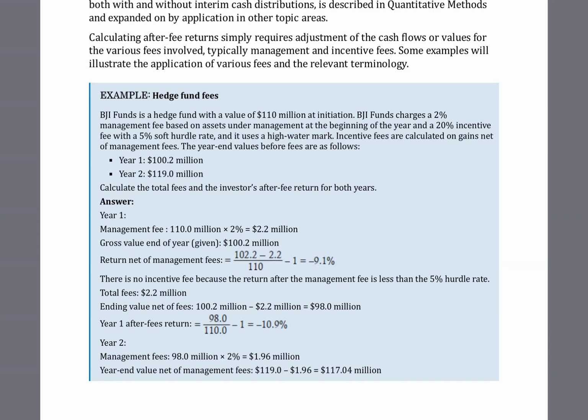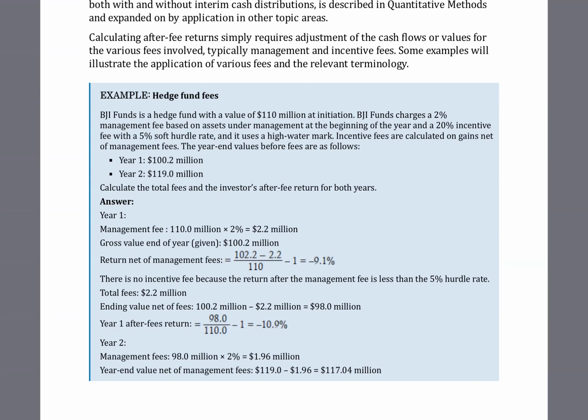You get nothing. Then the second one is saying that if the closing value of your investment was 100.2 and I'm paying 2.2, then the beginning of period value was 98. And 2% of this 98 is 1.96.